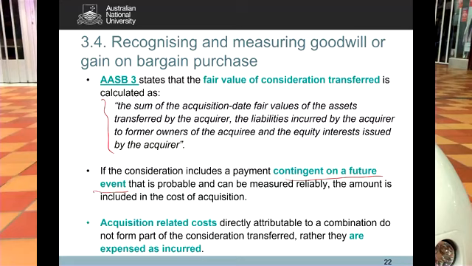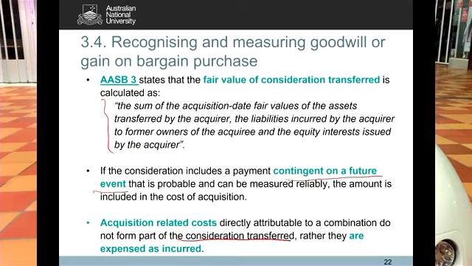For acquisition-related costs, we always say directly attributed costs should be capitalized. Why do we expense them here? The case here, we don't want to put them into the consideration transferred because consideration transferred is exactly the consideration transferred to the acquiree.